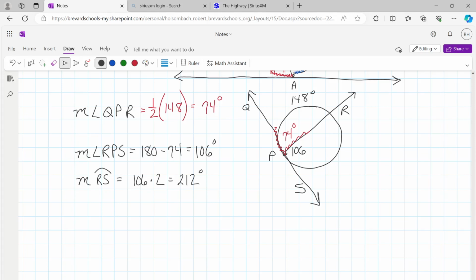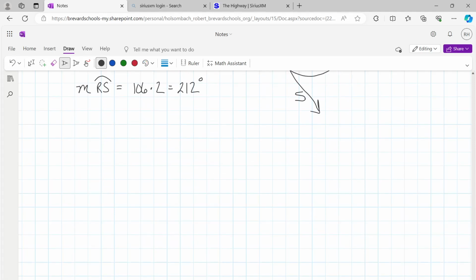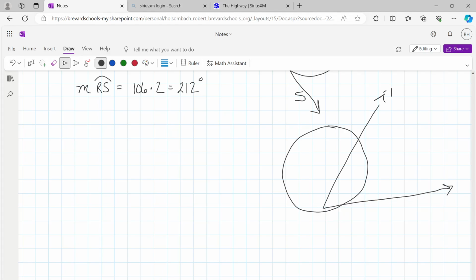So let's look at example 2B. We've got a circle, and now here's our secant and tangent, FED.